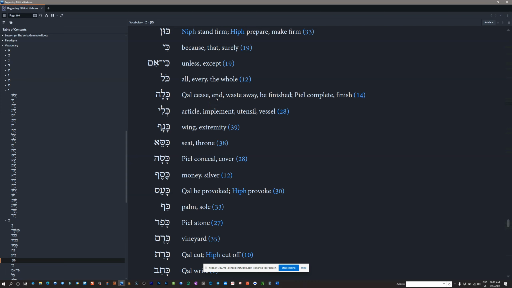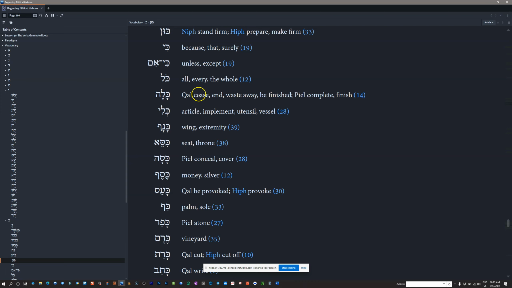Now, that could be euphemistically a way of saying that you yourself are done, either done with an action or done in your being. So it could be a euphemism for fading away, wasting away, or even dying. But this is the word that is used in Genesis 1 when we see that God ceased from his work when he rested on the seventh day.